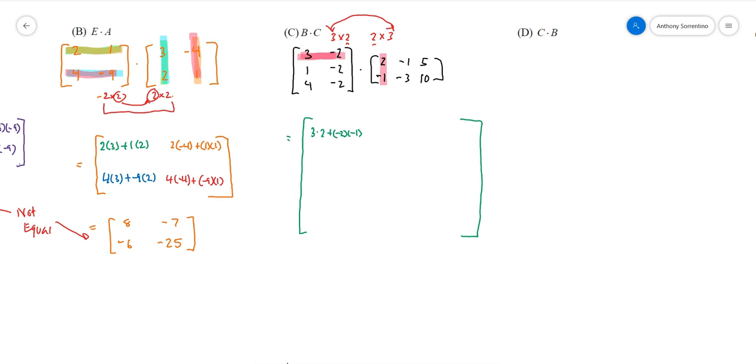This row now with this column, I'm going to have 3 times negative 1 plus negative 2 times negative 3.